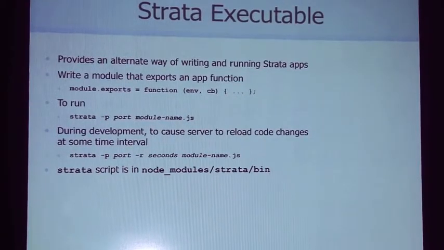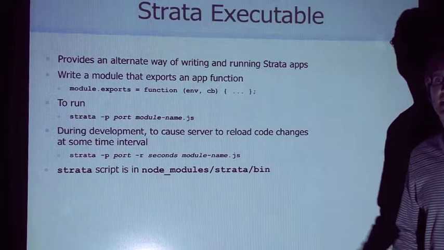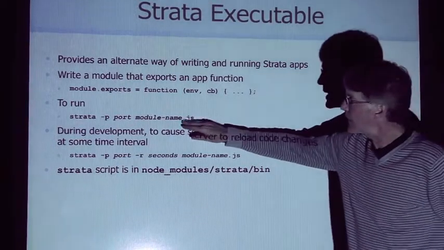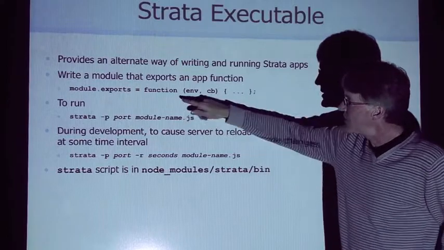Now there also is a Strata executable. In my earlier example, I said, well, to run this, you just say node space server.js. If you want to use the Strata executable, then you write your code a little different. You wouldn't be calling strata.run. The executable is handling that for you. And instead, you give it a JavaScript file that does something like this.